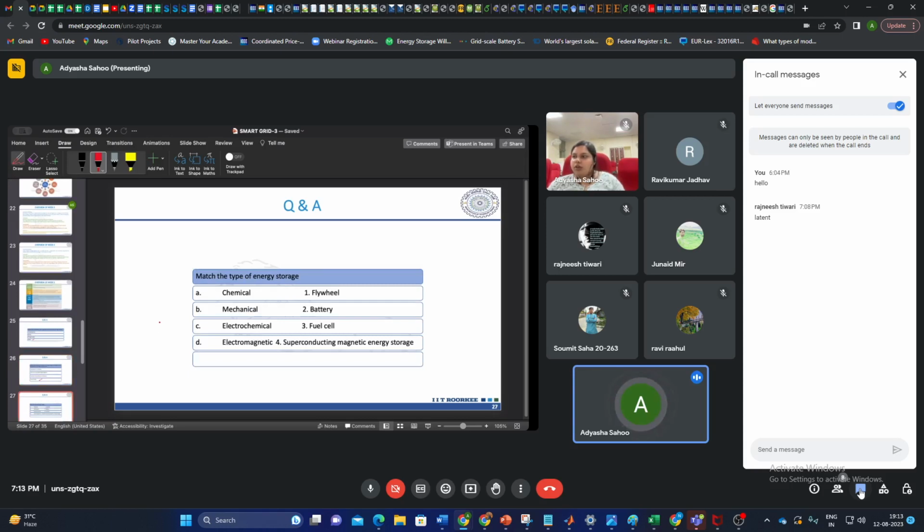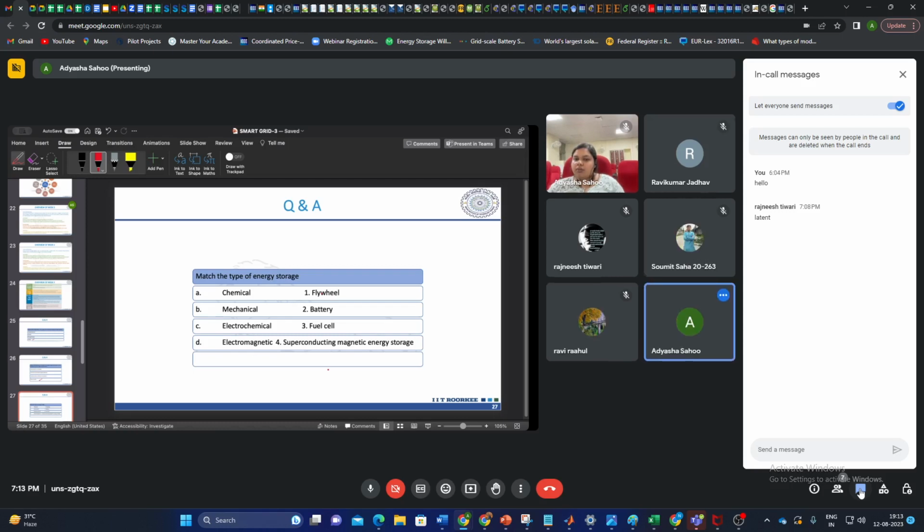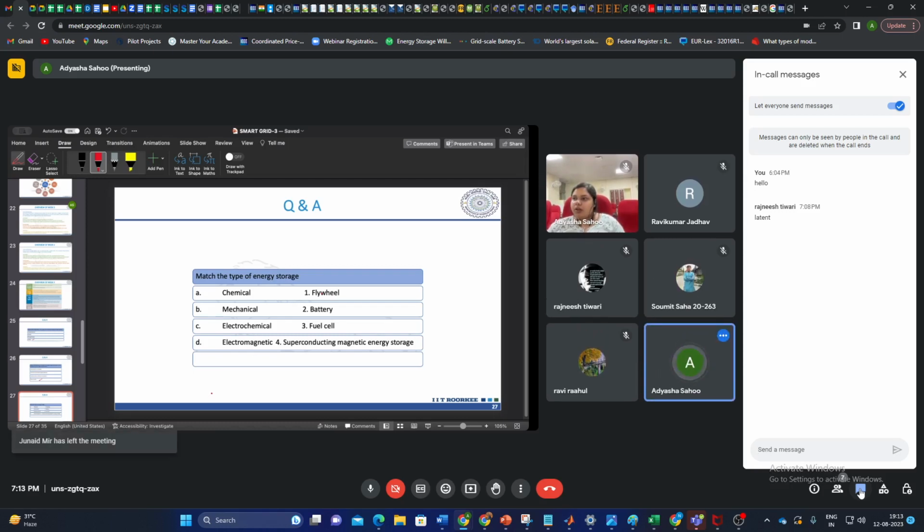Then we have a matching type. Chemical, can we say which one of these stores the energy in the form of chemical energy? So chemical is fuel cell. Then moving to mechanical, I think mechanical we all discussed.